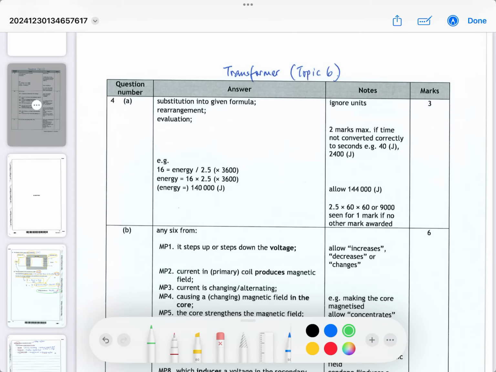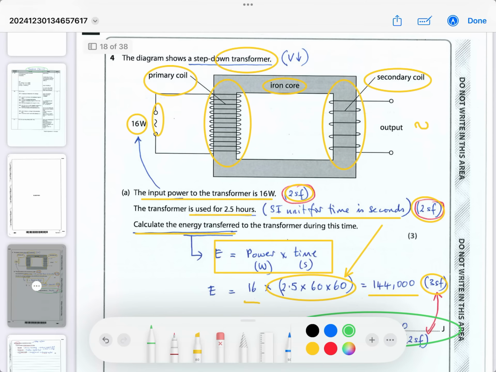Now transformers are from topic 6, which is on magnetism and electromagnetism. And in fact, transformers are using electromagnetic induction when you induce a current, or a voltage from one place to another. So basically, you got electricity in the first coil, alternating current, producing alternating magnetic field inside the iron core. So the iron core is a way of transferring the electrical energy from coil 1 to coil 2.